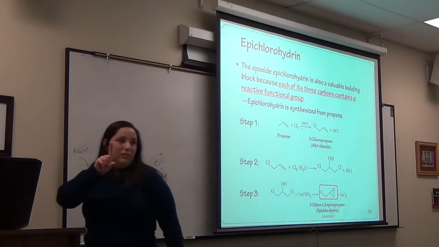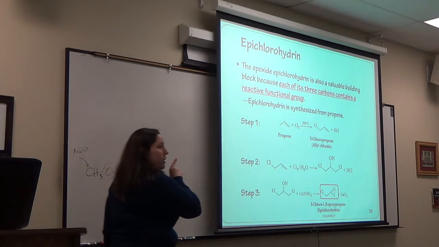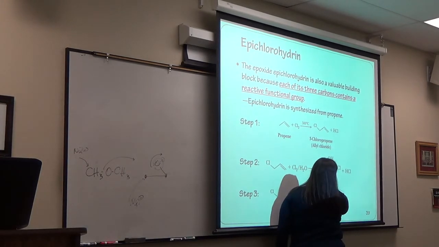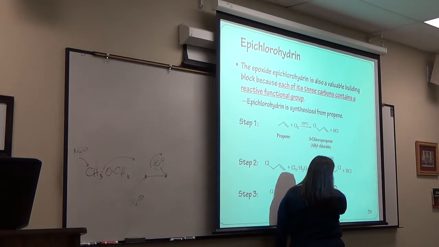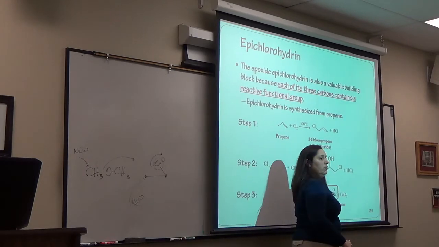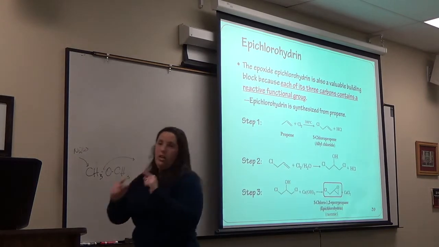In the middle. Does that make sense? Can you see that pattern for me? Right? If I get rid of this bond, that's what I'm going to do when I open this ring here. So it's carbon, carbon, carbon, and the oxygen will be right in the middle.